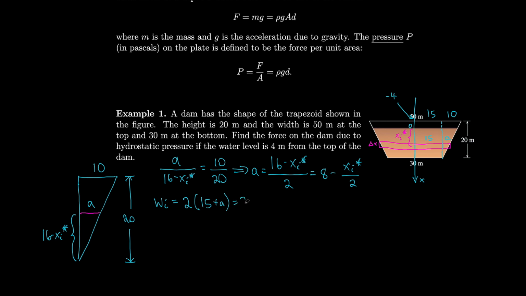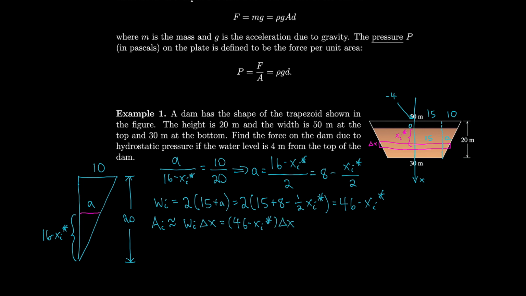So just expand out, that's 2 times 15 plus 8 minus a half xi star, because we solved for what A is, and that's just 46 minus xi star. So that means I can get the area of one of those plates now. Just multiply by delta x. So the width times the height delta x is equal to 46 minus xi star delta x.